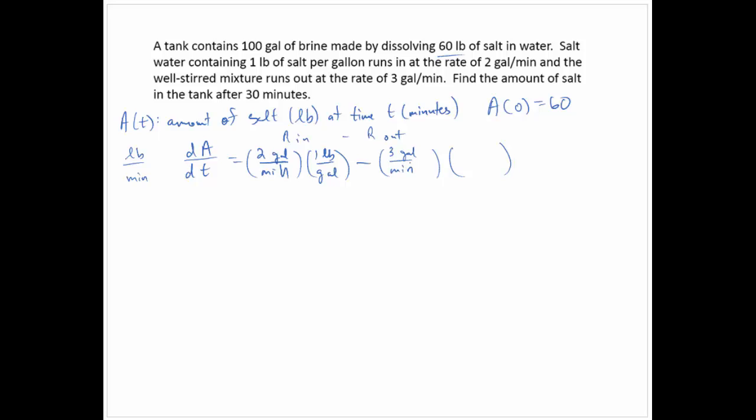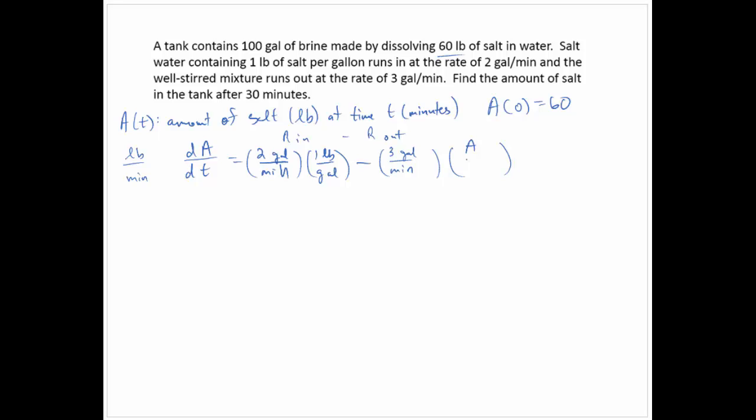And what's the amount of salt per gallon? Well, at any time t, there is A pounds of salt. Now, the tank starts at 100 gallons, but it doesn't stay at 100 gallons over time.